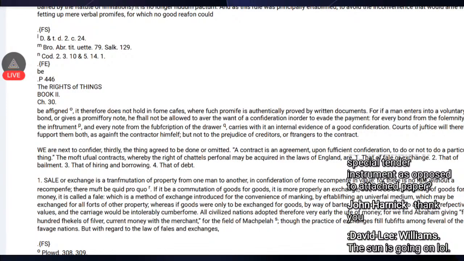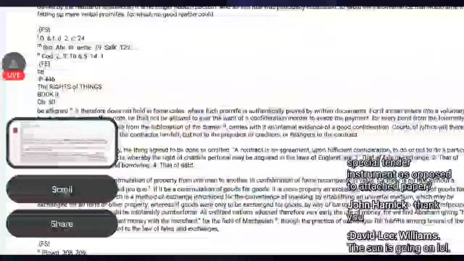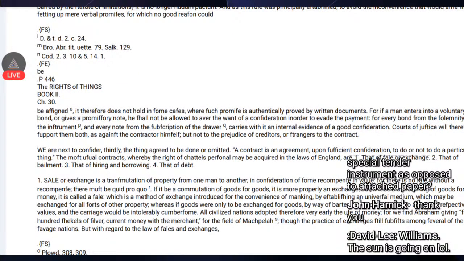We are next to consider, thirdly, the thing agreed to be done or omitted. A contract is an agreement, upon sufficient consideration, to do or not to do a particular thing. The most usual contracts, whereby the right of chattels personal may be acquired in the laws of England, are: 1.